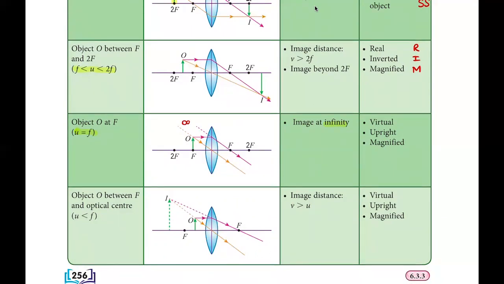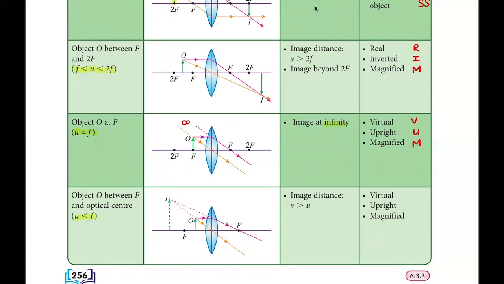Because it is formed at the same side like the object, we can say that it is a virtual image, and it is upright and magnified. Okay, VUM, virtual, upright, and magnified.